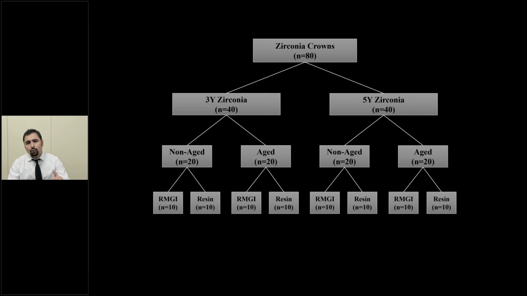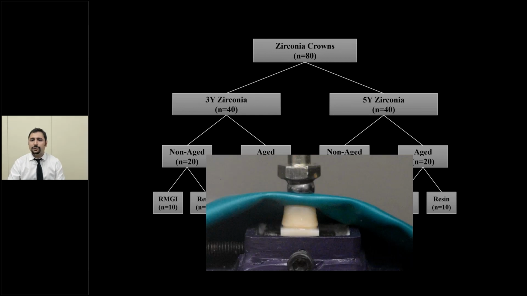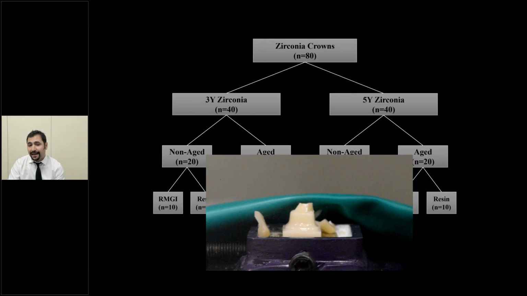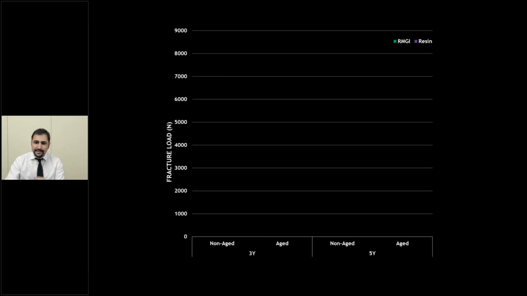Now, after we bonded or luted them, we simply cracked these crowns to see how well they can hold the forces until they fracture. All right, so let's see how the fracture load was different between them. So essentially, we expect from the fact that 3Y has a higher tetragonal phase component inside it, it has higher mechanical properties.